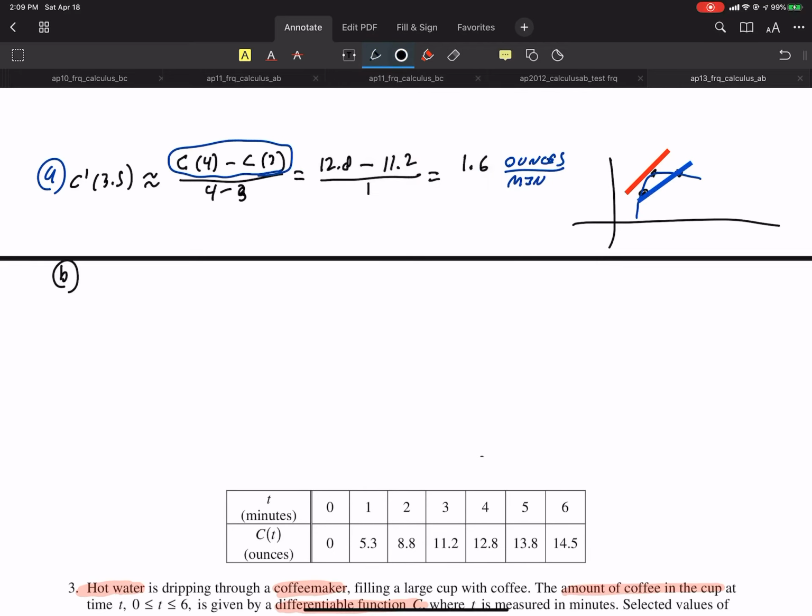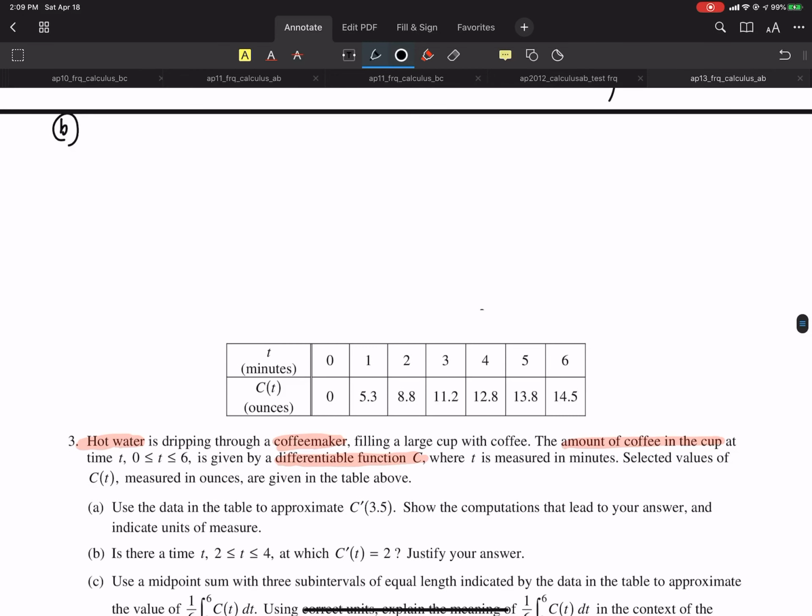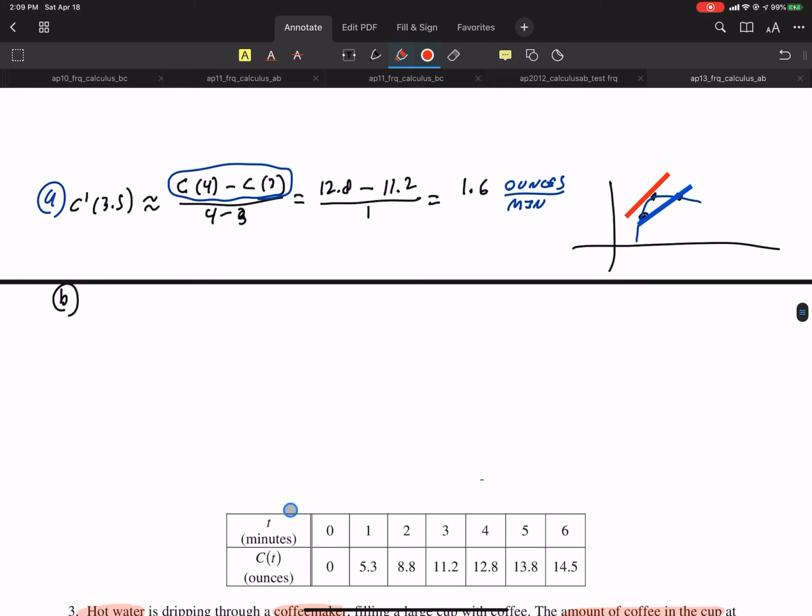Let's go to part B. Is there a time, t, between 2 and 4, where the derivative equals 2? So back to this example, suppose this was 2 and that was 4.